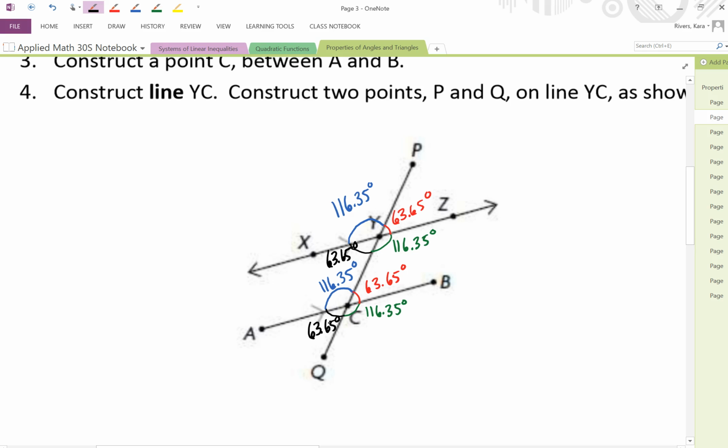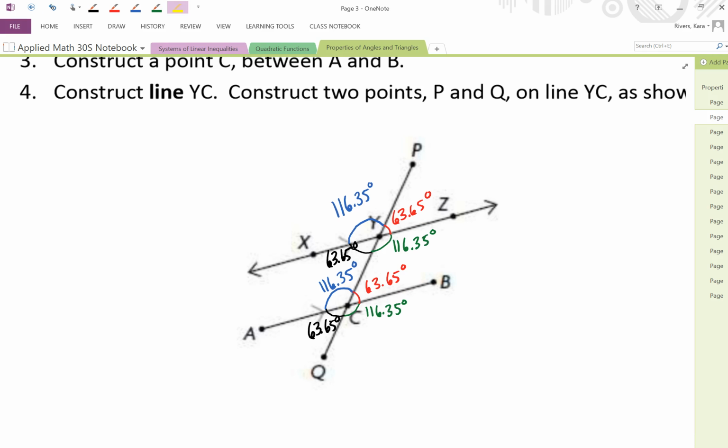So when we have two parallel lines, we can see that opposite angles are equal to each other. We can also see that corresponding angles, so when they're sitting in the same spot on the other angle, right, we can actually see those are also the same. We're going to call those corresponding.